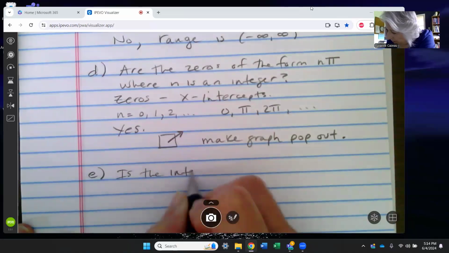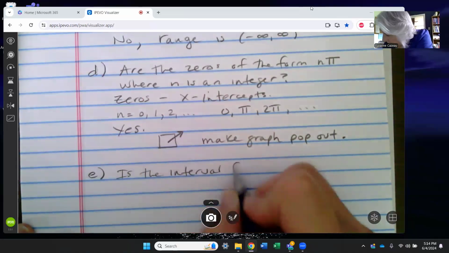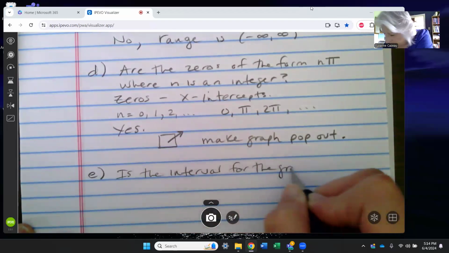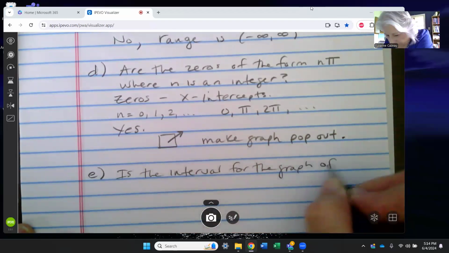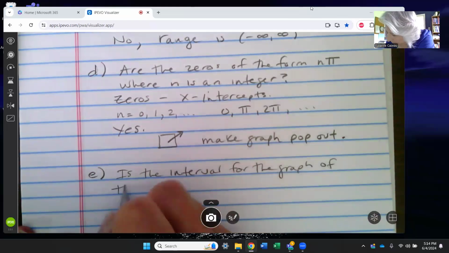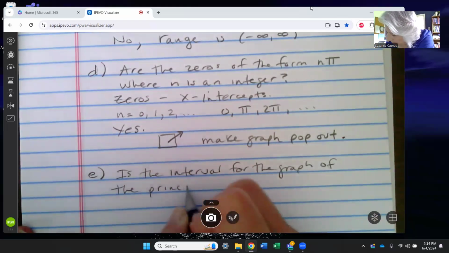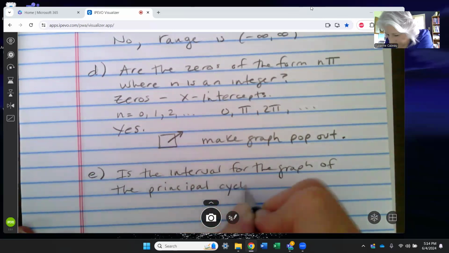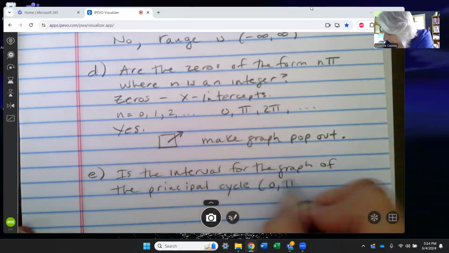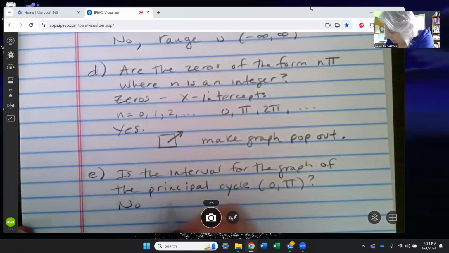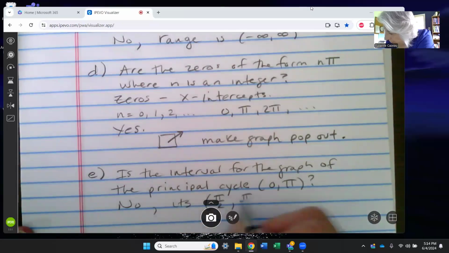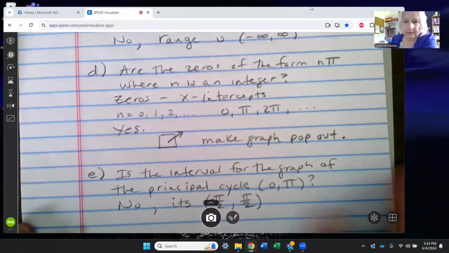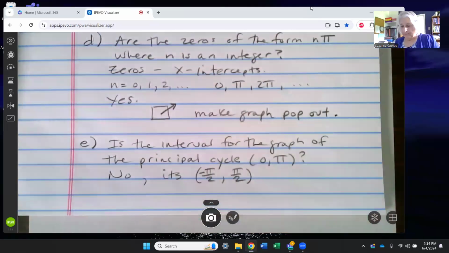Is the interval for the graph of the principal cycle 0 to pi? No, it's negative pi over 2 to pi over 2. Okay. That was that one.